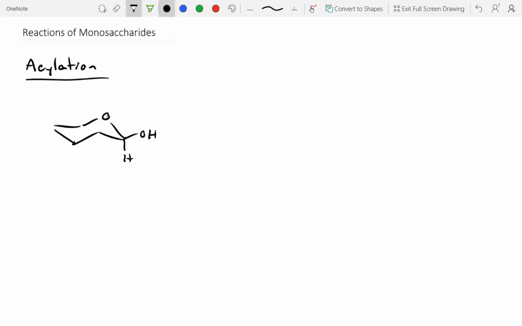Let's draw it out. And we decide that we're going to treat this with a lot of acetic anhydride. What do you think is going to happen?